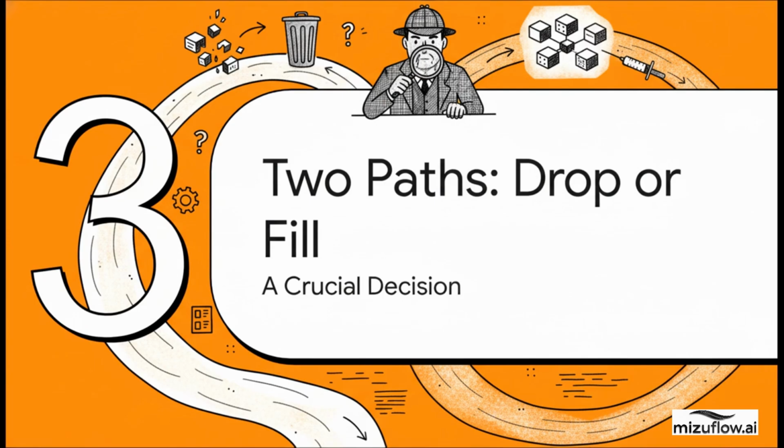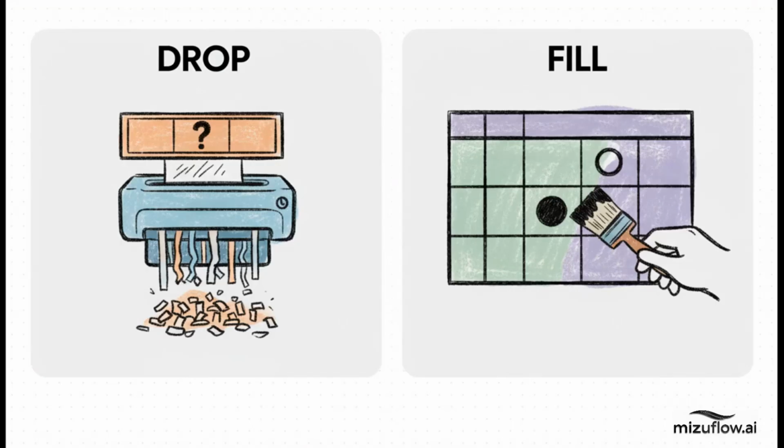Okay, so we've found our missing data. Now what? Well, we're at a crossroads, and as the lead detective, you've got a really crucial decision to make. There are basically two main paths you can take from here. On one hand, you can drop it. Just completely remove any row that has missing data. It's fast, it's clean, but you might be throwing away some really valuable clues.